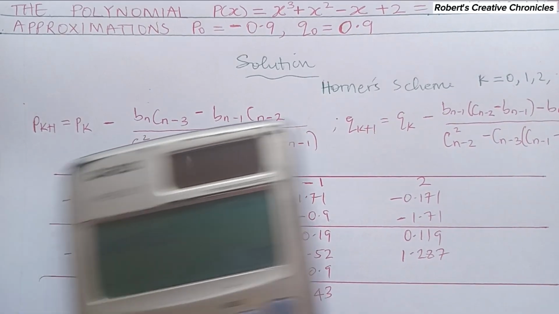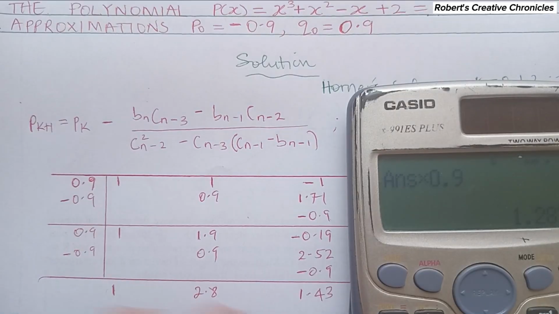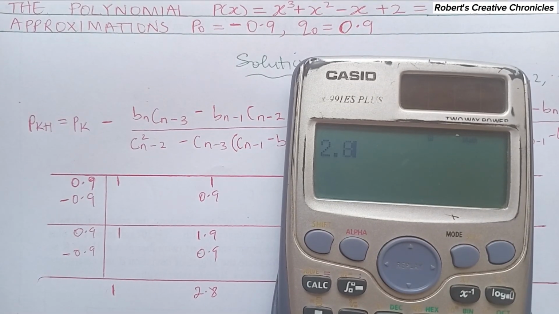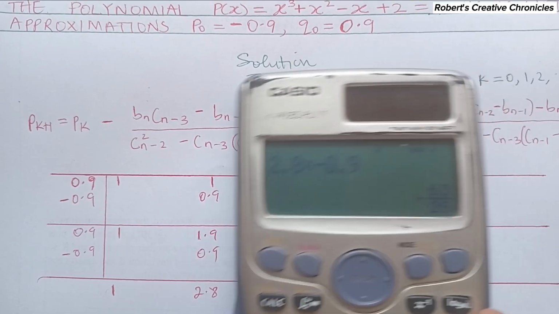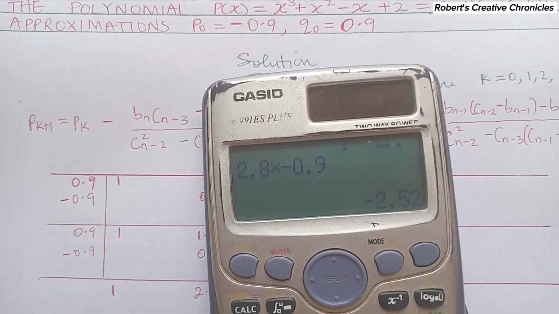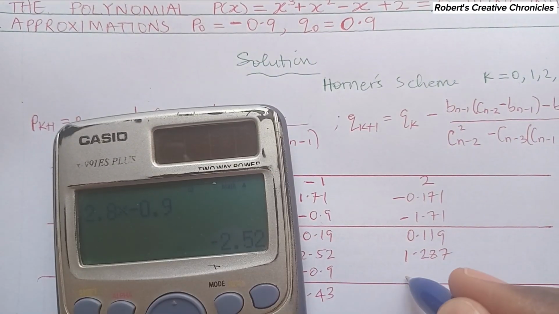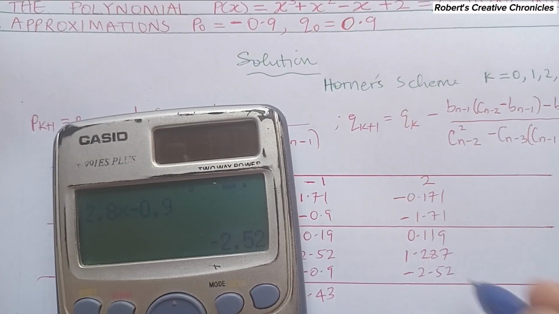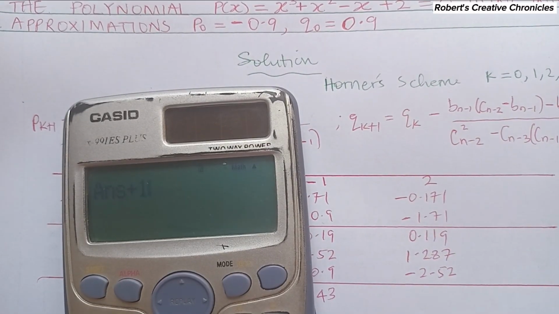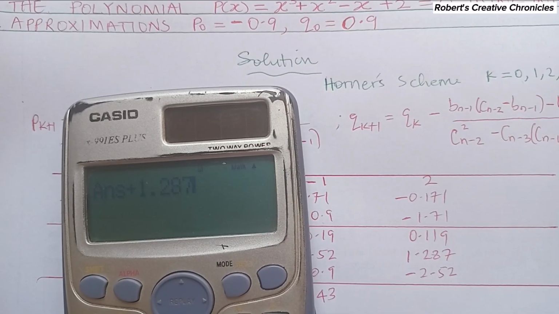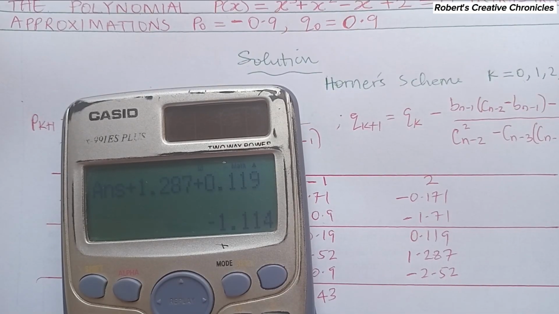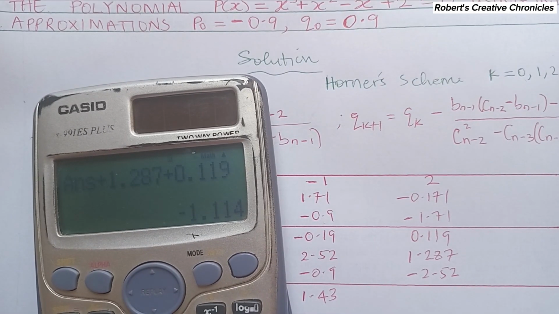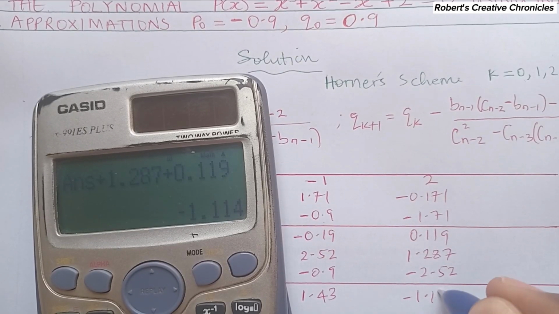Then this times this, so it will be 2.8 times negative 0.9 is negative 2.52. Then this plus 1.287 plus 0.119 is negative 1.114.